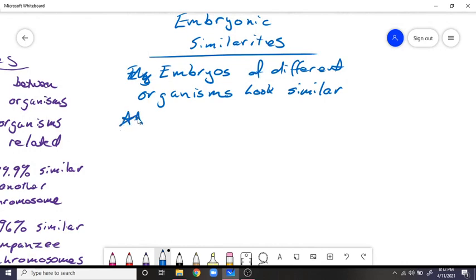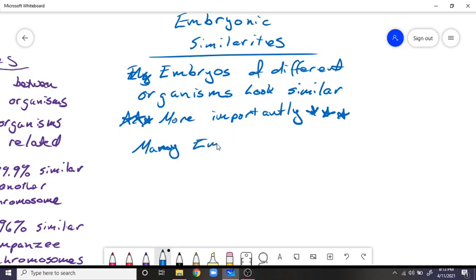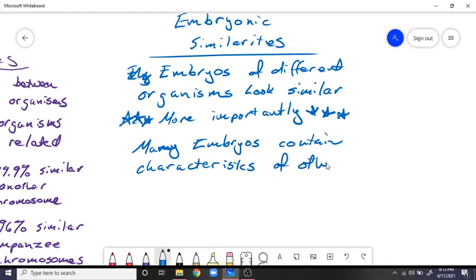And more importantly than our embryos just looking similar is that many embryos contain characteristics of other organisms. But lose them during development.